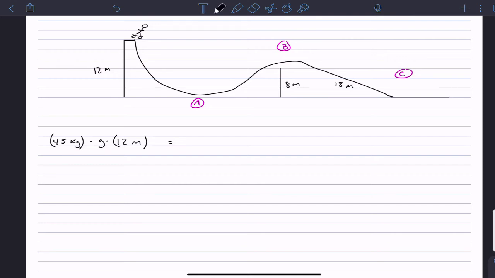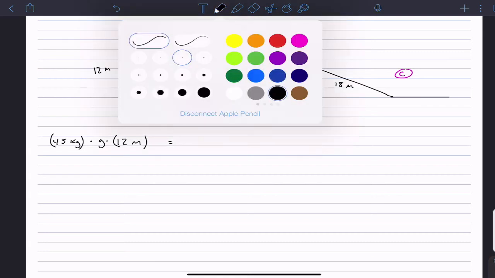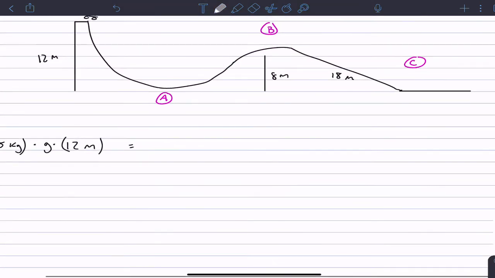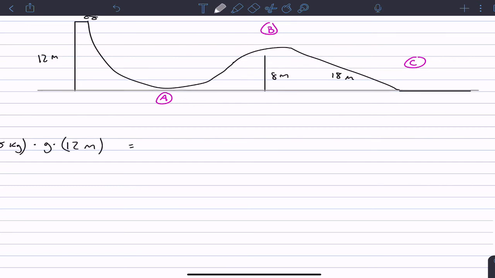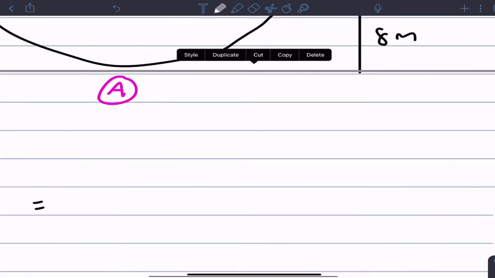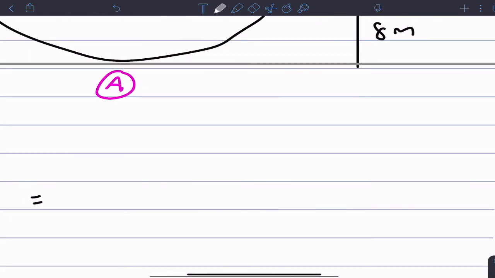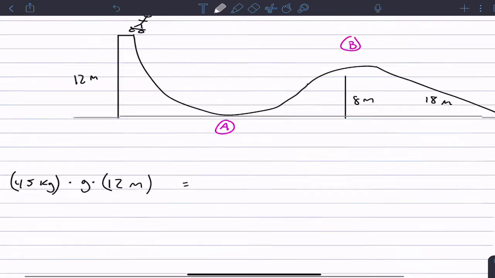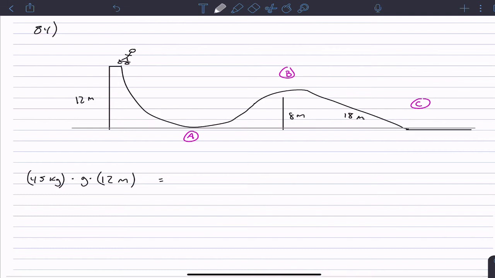Okay, and then at the bottom of this ramp here, our gravitational potential goes away. I didn't draw it exactly to scale the way it is in the book, but if you look at the book, the ramp is supposed to be pretty much at the bottom. It's supposed to look something like that. But my drawing's a little funky.